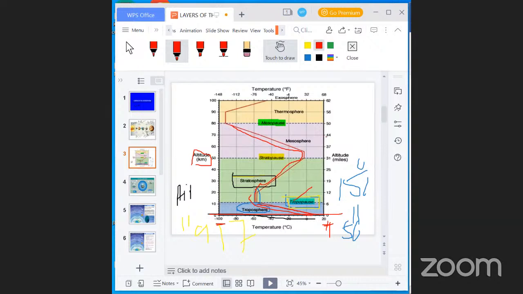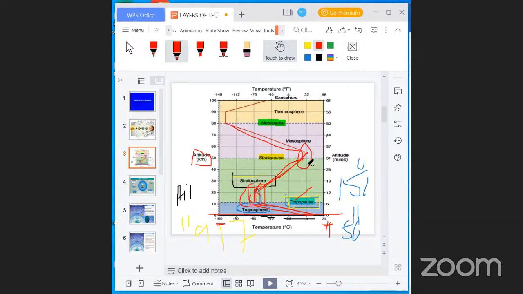For some time it remains constant, from 10 to something like 20 or 30, then it again starts rising as we go ahead in altitude in the stratosphere. Then again it remains constant here.